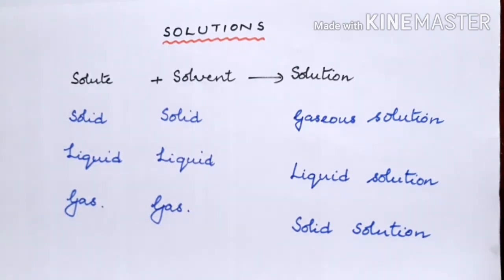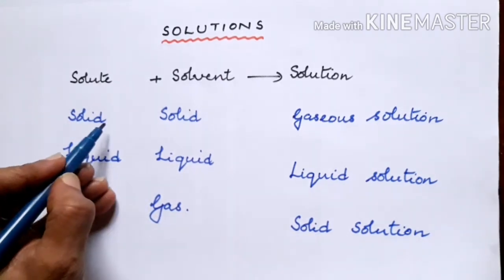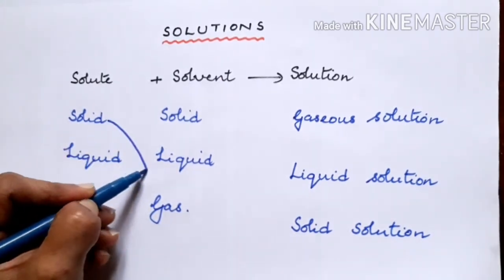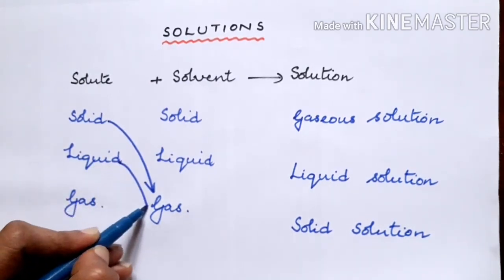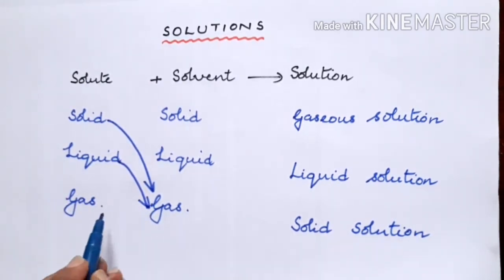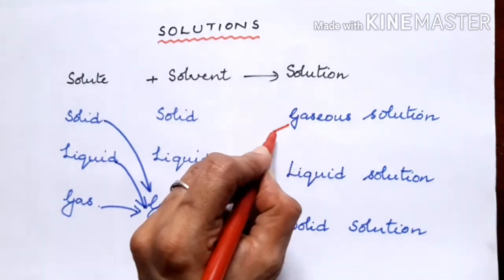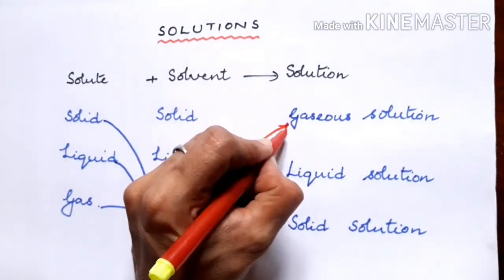Those in which a solid is dissolved in a gas, a liquid is dissolved in a gas, or a gas is dissolved in a gas, come under the category called gaseous solutions.